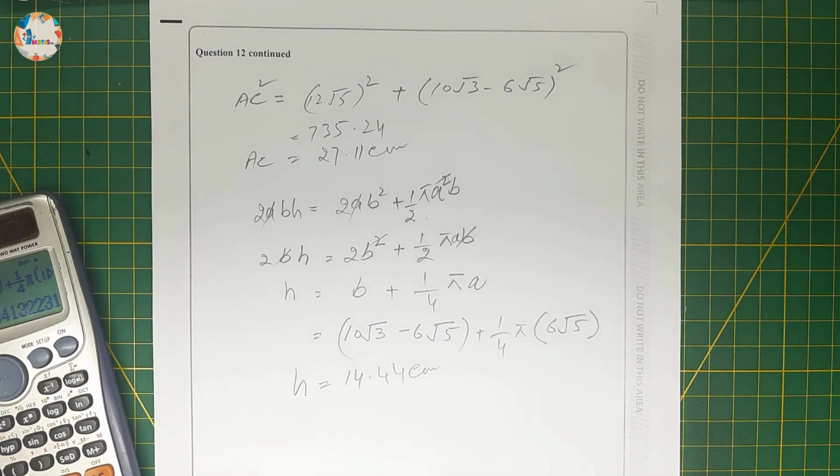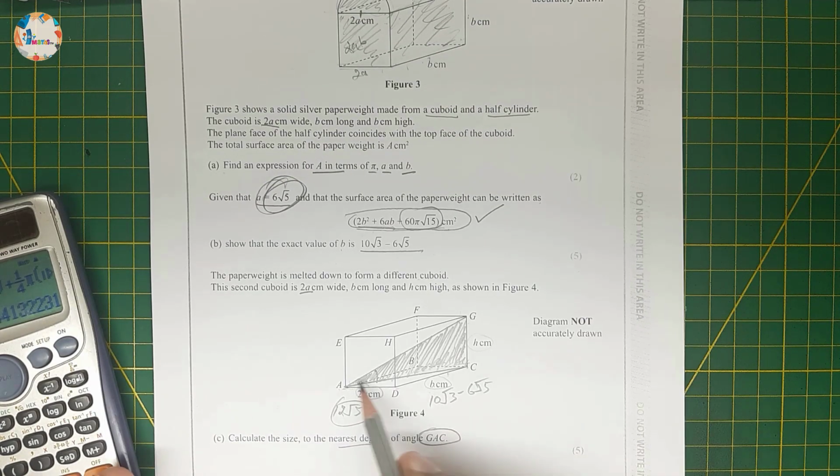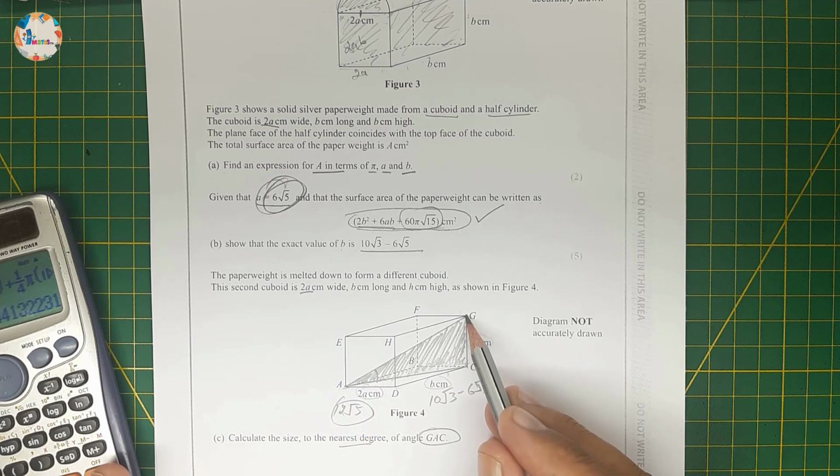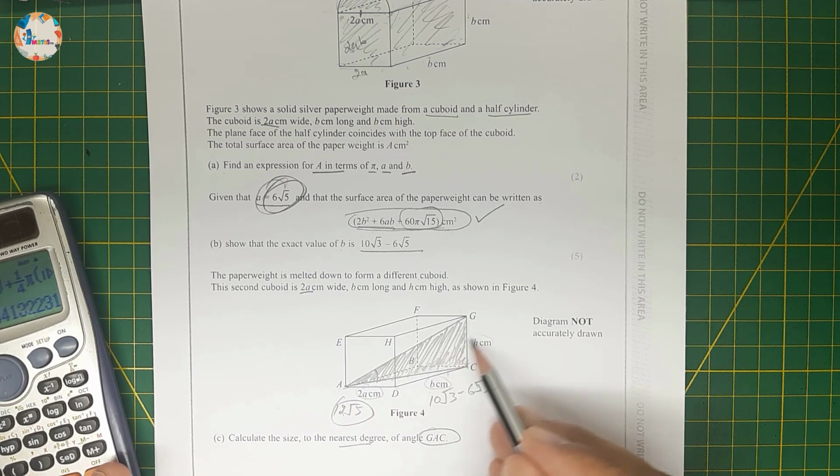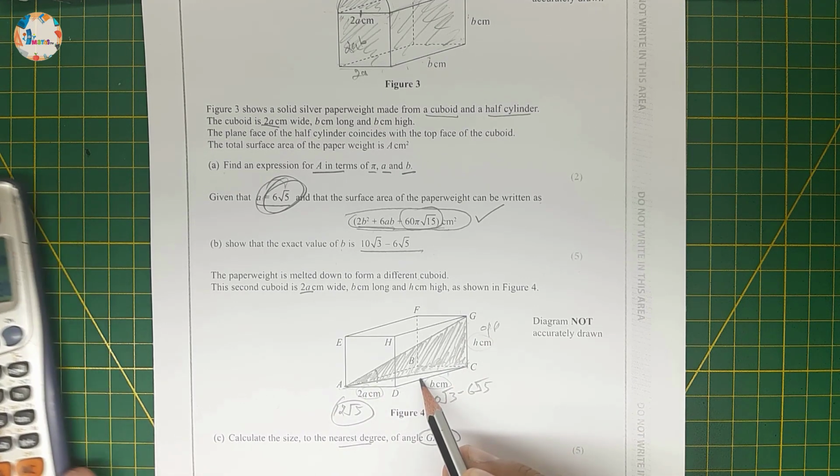Now we have the values of AC and H. We got the value of AC, and we got the value of H. Now this side is opposite and this side is adjacent, so opposite over adjacent is tan theta.